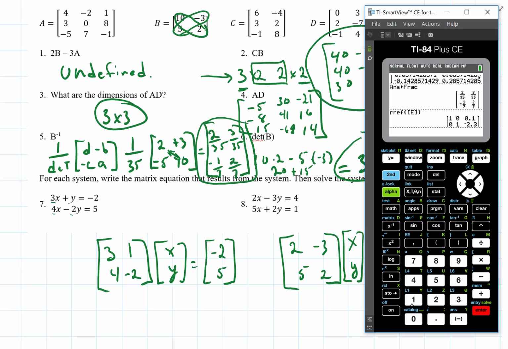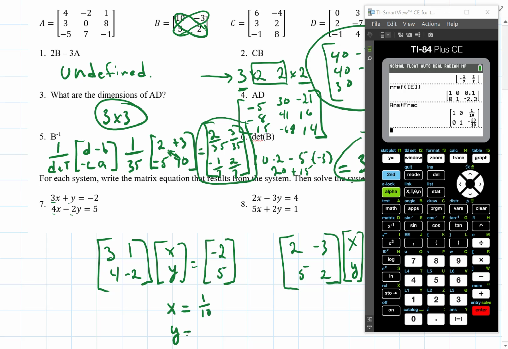You may have a choice that has decimals in it, or you may need to press Math 1 again and convert that to fractions, which is what I'm going to do. So for this system of equations, x equals 1/10, y equals -23/10.